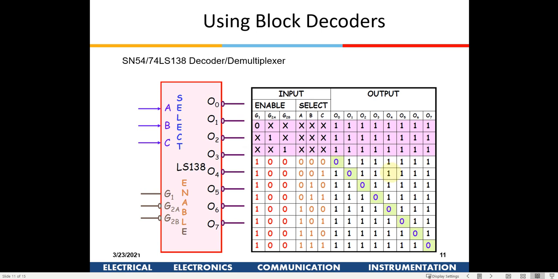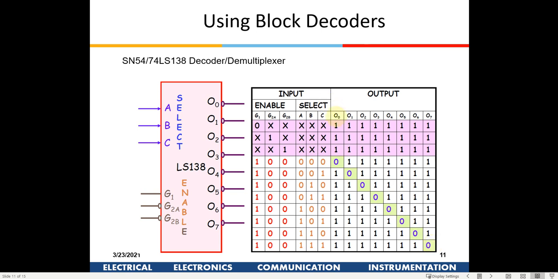So this is the truth table. If ABC are all zeros, then the output O0 will be 0, and if it is 0 0 1, then O1 will be 0, and if it is 1 0 0, this will be 0, and so on. So for these 8 different combinations, one of these lines will go 0.